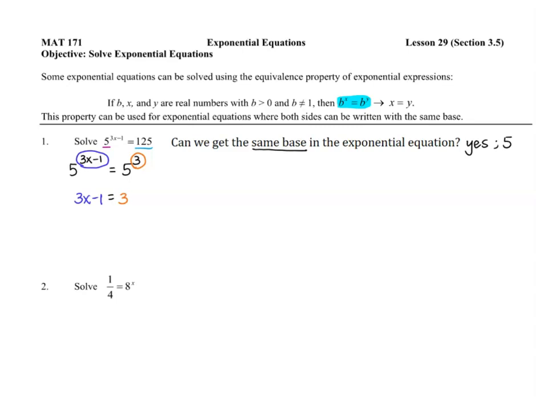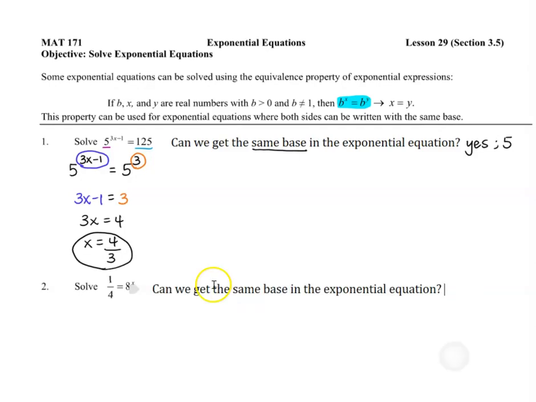And now we can simply solve this linear equation. I'll add 1 to both sides, and then I will divide both sides by 3 to get that x is equal to 4/3. Remember that the domain of an exponential function is all real numbers, so we don't have to worry about any potential domain issues.